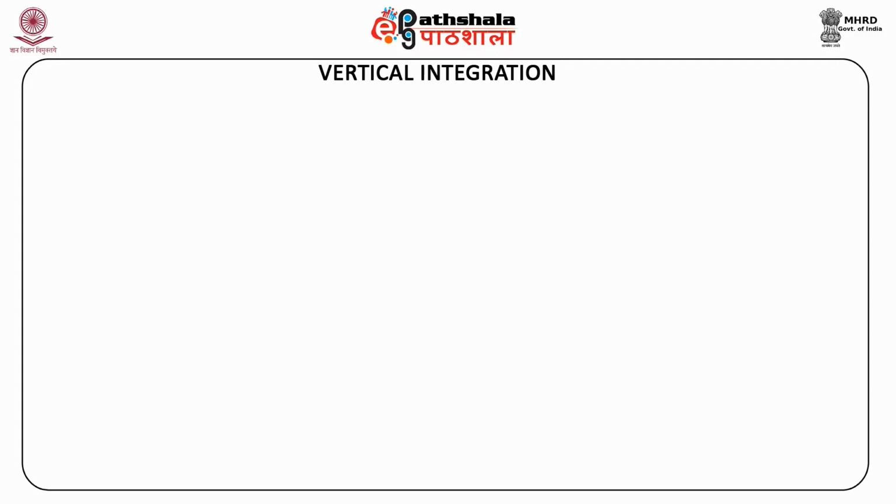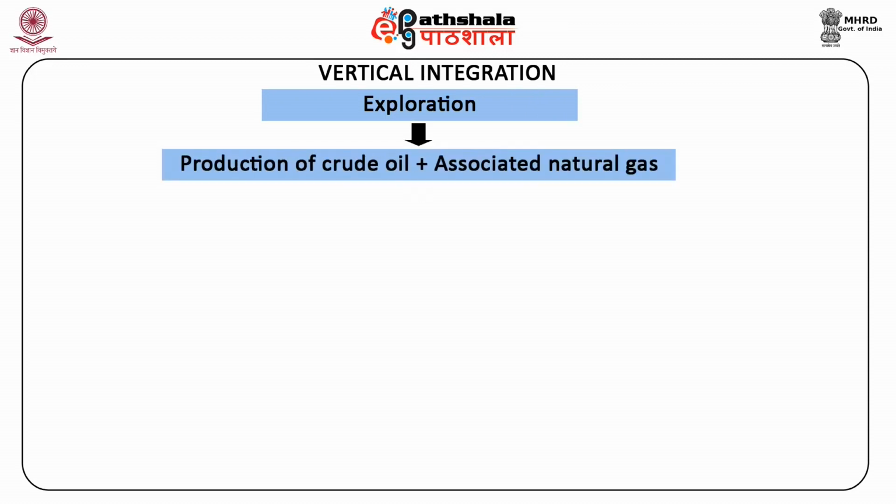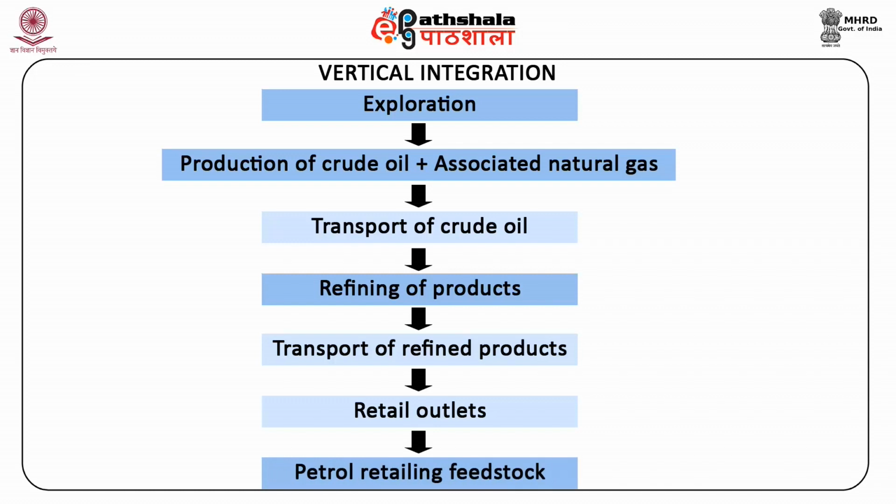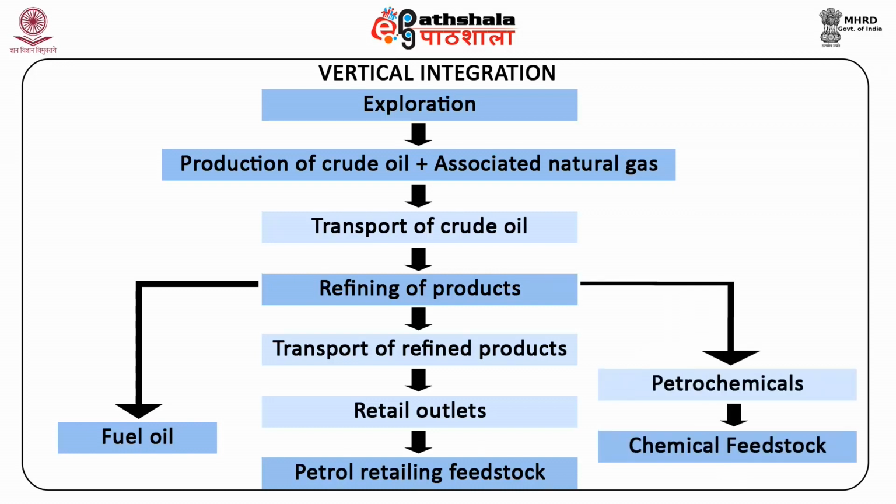The vertical chain starts from oil production or extraction and is integrated to the point where the product is sold to another user. Firms in the oil industry have 8 vertically integrated stages, starting from oil exploration, moving down through the stages of production, refining, transportation, and selling to the end users, which comprise petrol retailing, supply of heavy fuel oil for electricity generation, and oil feedstock for chemical industries.